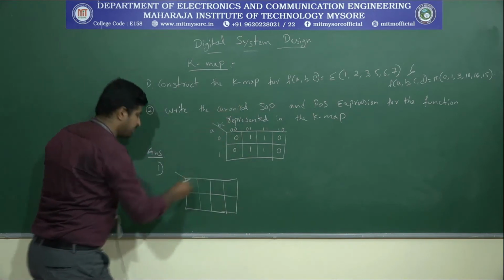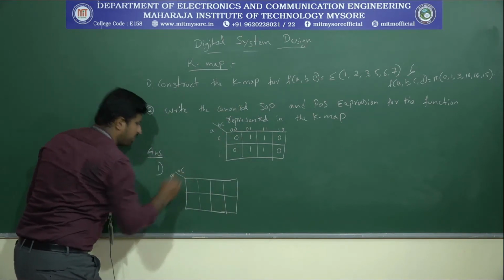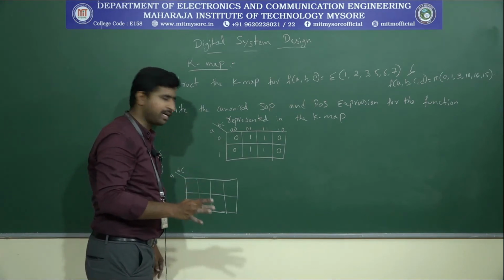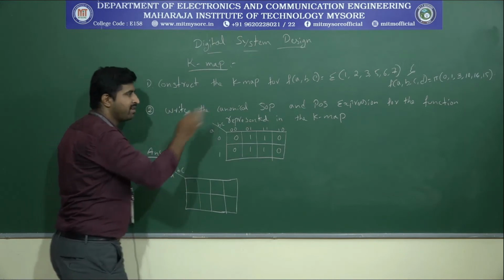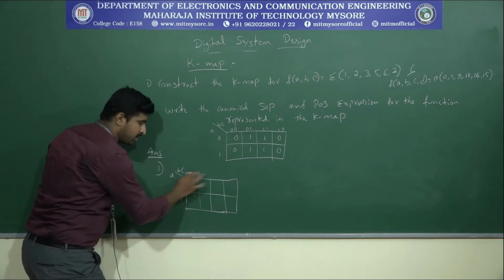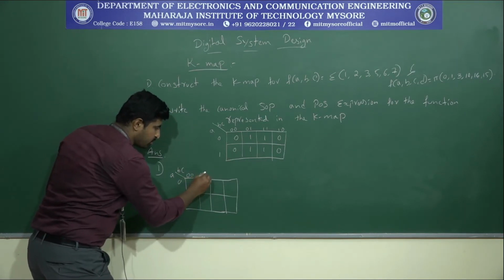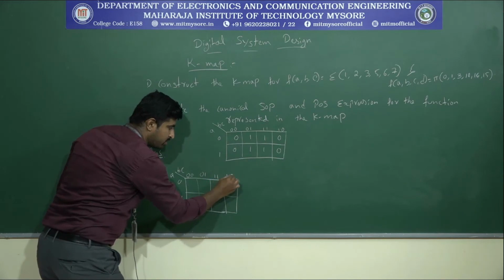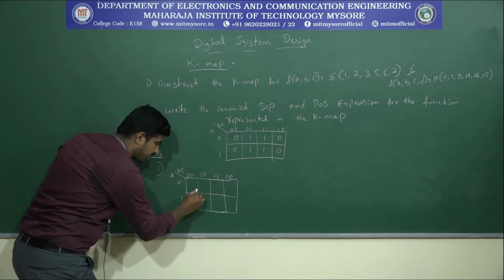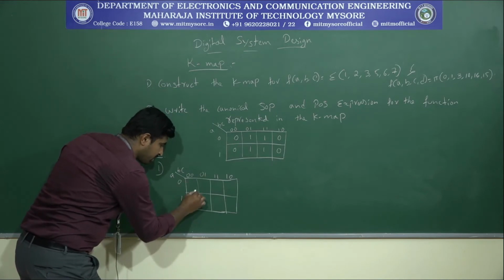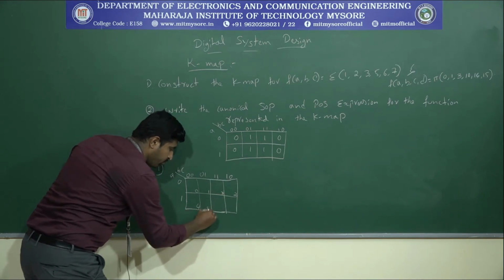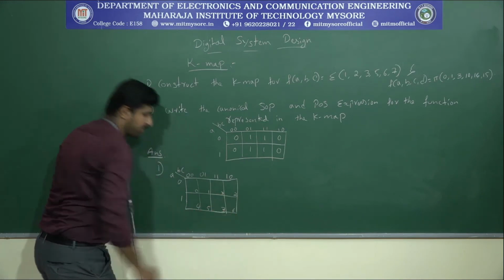The variables need not always be A, B, C; sometimes they may be given as X, Y, Z. Whatever variables are given, we represent those. So A, then B, C: 0, 1. Here 0 0, 0 1, 1 1, 1 0. I hope now you understood why there are these changes. Next, the cell numbers are 0, 1, 2, 3, 4, 5, 6, 7.